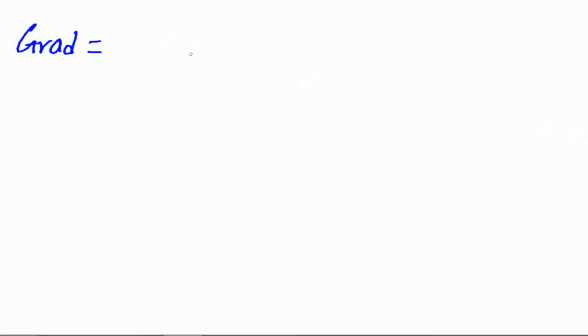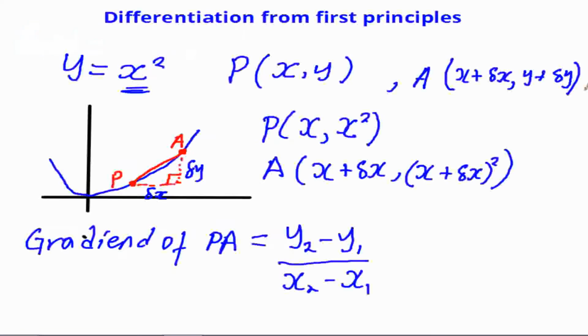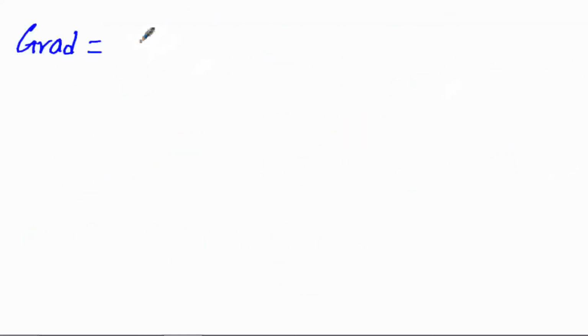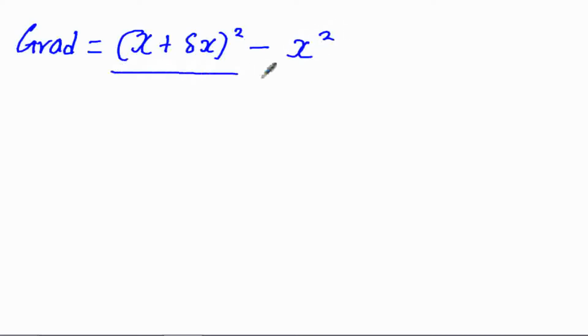Our y2 is x plus the small change in x, squared, then minus y1, which is x squared, over x2, which is x plus small change in x, and then minus x. That is it.